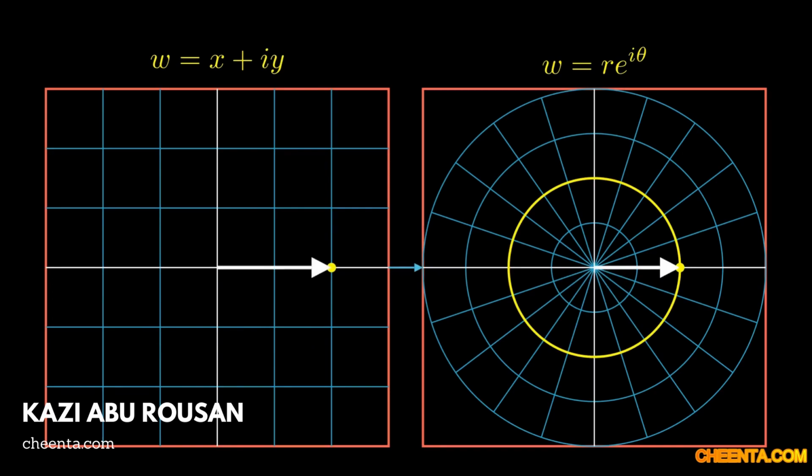If I move it any further, it overlaps with the previous position. That means for the uniqueness of a particular point, theta must be between 0 and 2 pi. Keep this in the back of your mind.